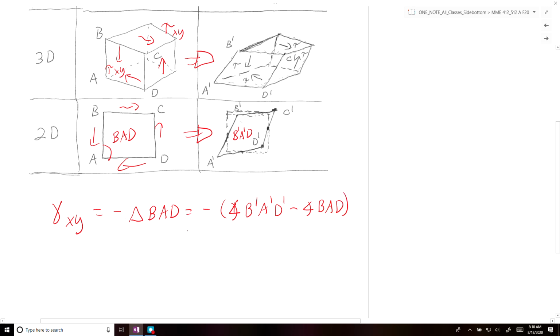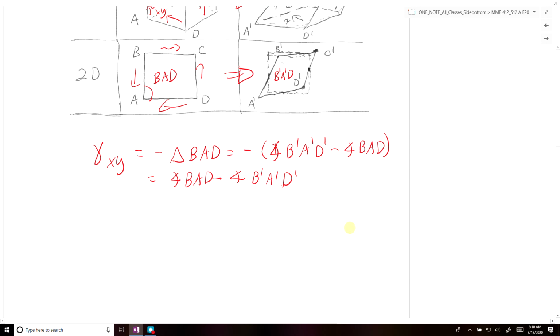So what this ends up being is actually just the original angle BAD minus the new angle B prime A prime D prime.